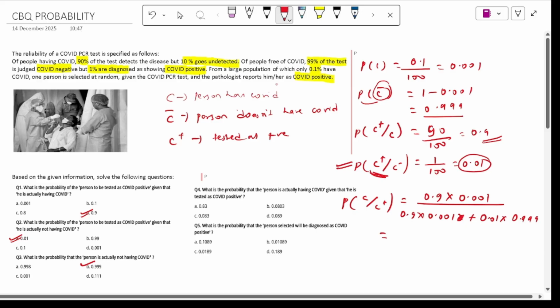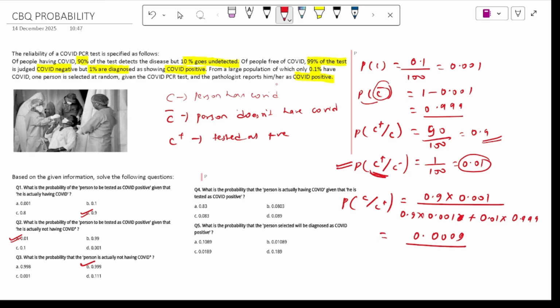On simplifying this, we will get 0.0009 upon 0.01089, which is equal to 0.083. So we will mark option C as our correct answer.